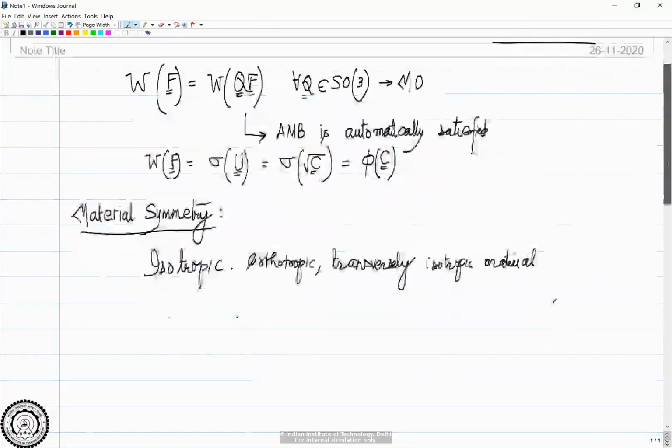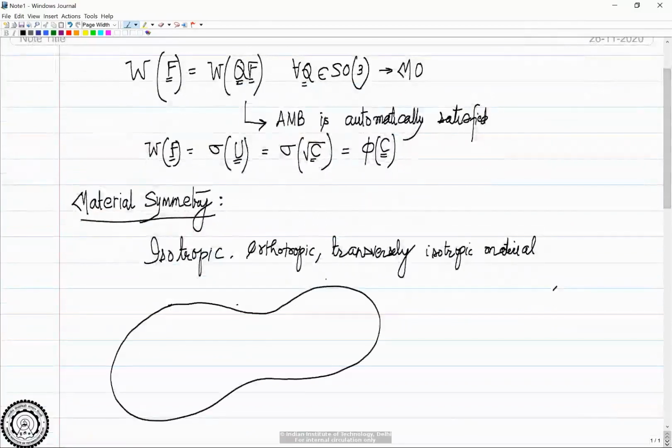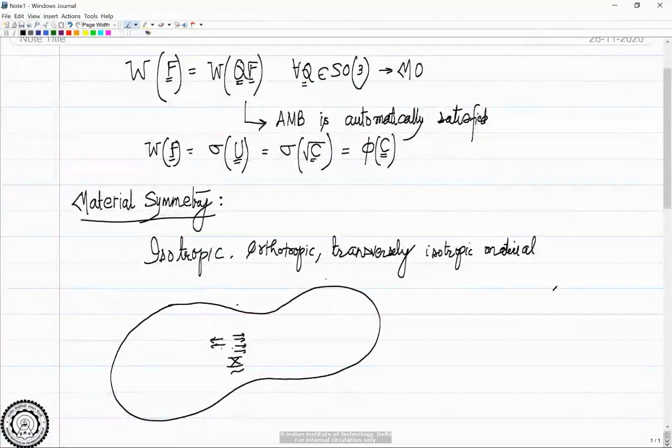So for an isotropic material, let us say you have this body and you are at a point, say big X. And if we stretch the body along this line, at that point, if you stretch the body, then there will be some stress generated in that direction also, right?